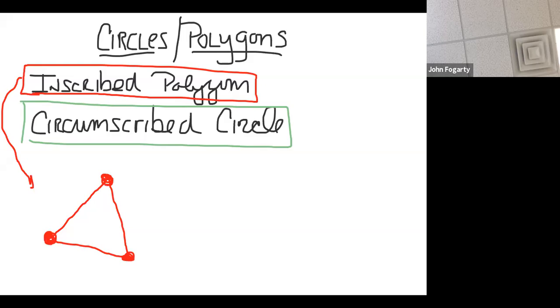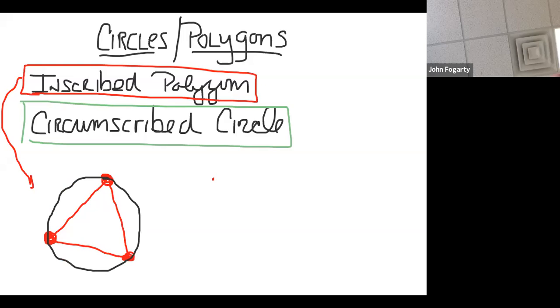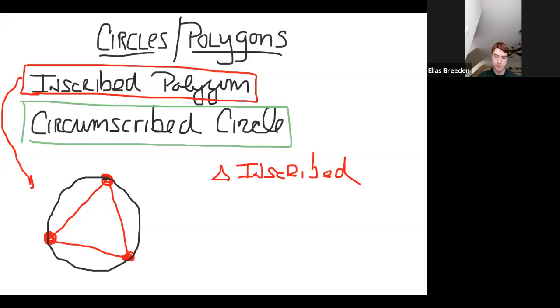This triangle is called inscribed if all of those vertices are on a circle. Does that make sense? Yes, no, or maybe? Yes, sir. So the triangle is inscribed. All righty? Does that make sense? Yes, sir. Triangle ABC.